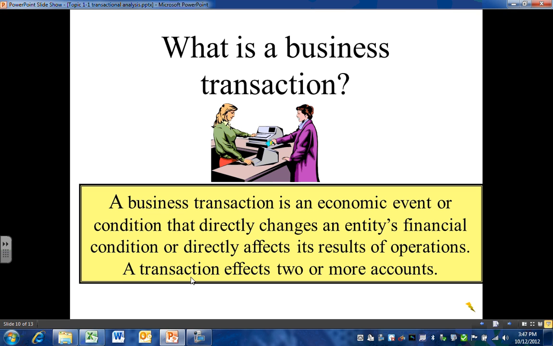And a transaction has to affect two or more accounts. Why? Well, because remember, we have two sides to the accounting equation. Always has to be in balance. Every transaction has to have a balancing effect on the accounting equation. And we'll see that when we get into bookkeeping, debits and credits, and creating journal entries.